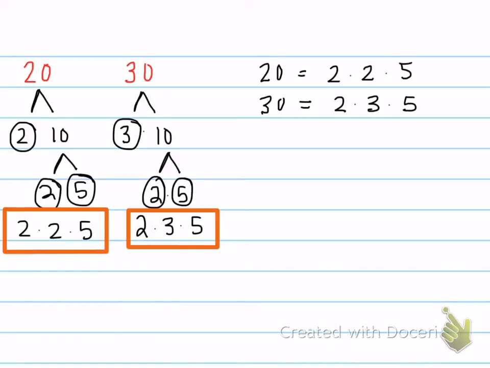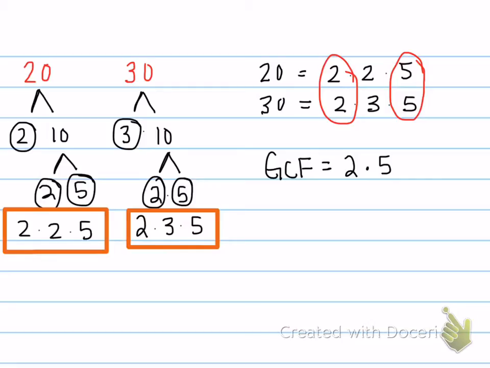We have to circle commons for the GCF, and the 2 is common and the 5 is common. So I know the GCF is 2 times 5, because those are the two common numbers, which is 10. That's my GCF. The LCM is the GCF 10 times the leftover numbers.